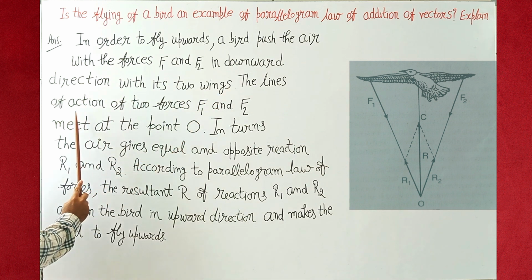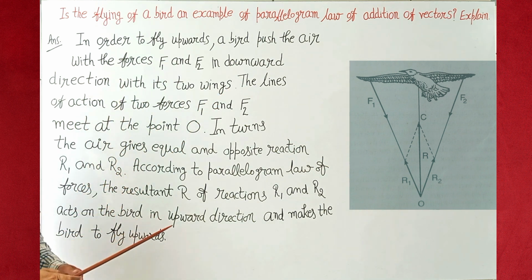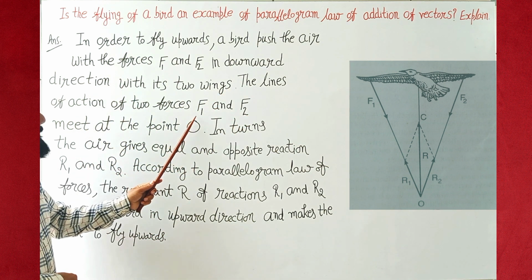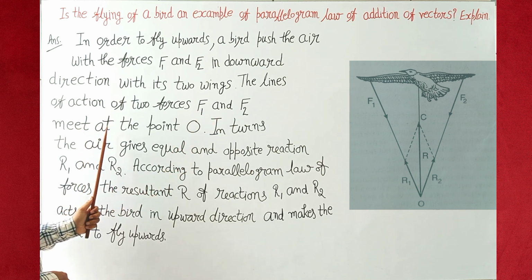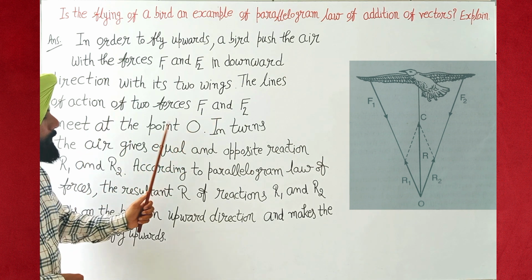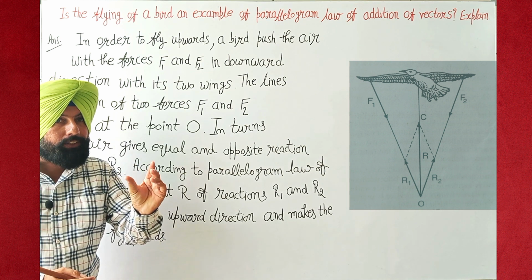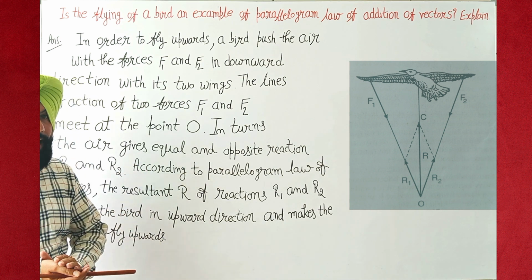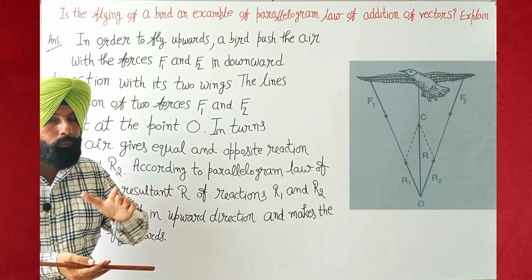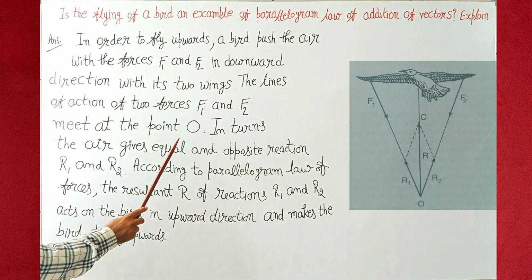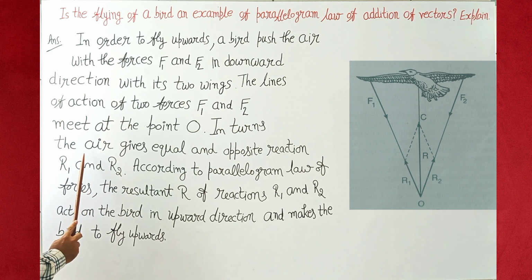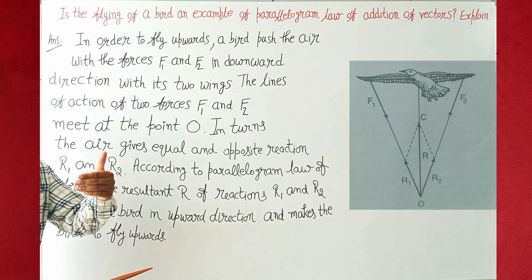The lines of action of forces F1 and F2, as you are looking, meet at the point O, meaning the impact of these two forces acts at a point O. In turn the air, now what is the role of air?